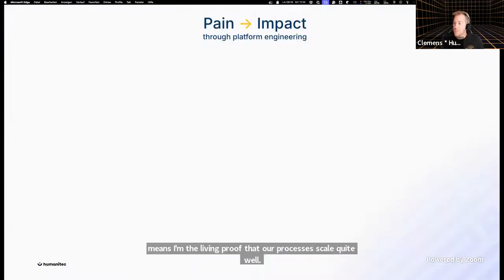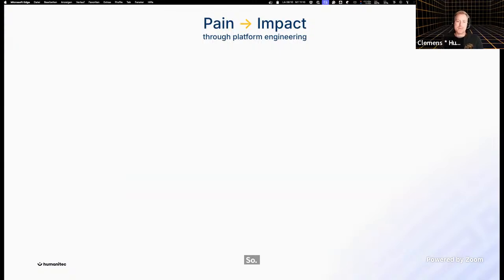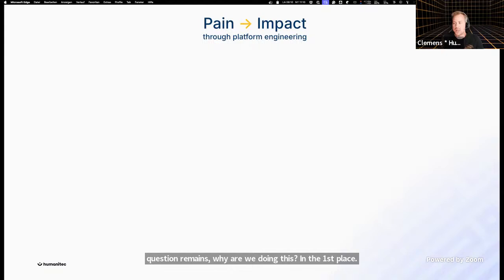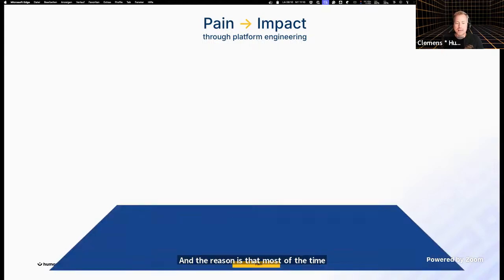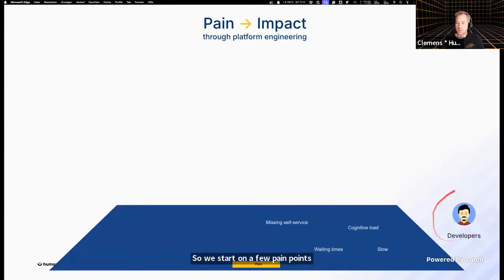So the question remains, why are we doing this in the first place? And the reason is that most of the time we see a playing field that looks like this. So we start on a few pain points, and some of them come from the developer side. They are usually missing self-service, which means they have to create tickets to actually get to the resources that they need to accompany their application that they are building, like a database, for example.